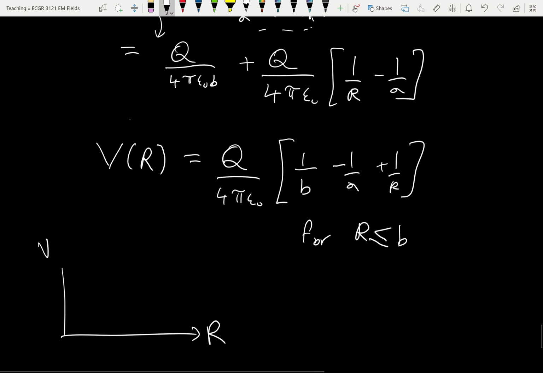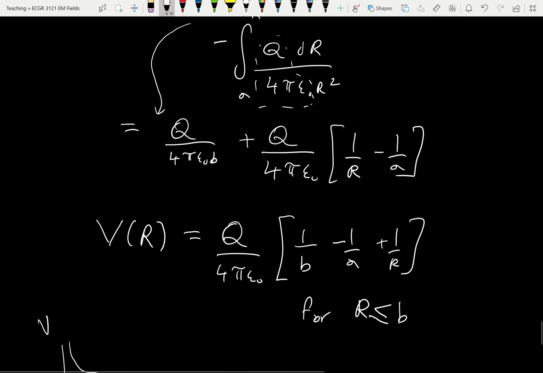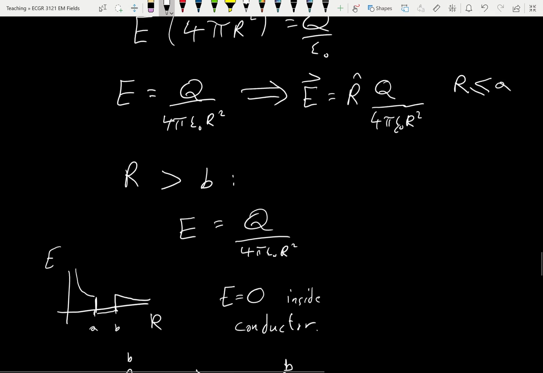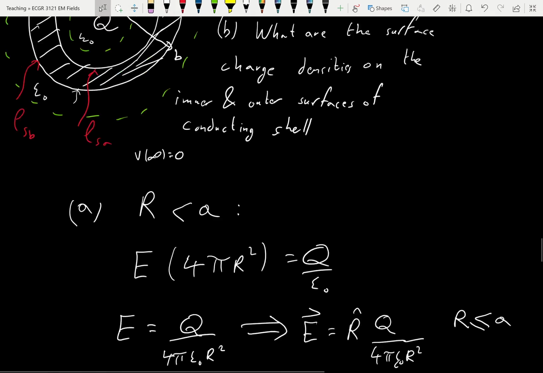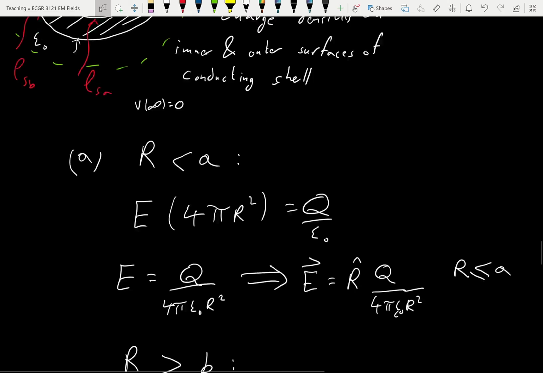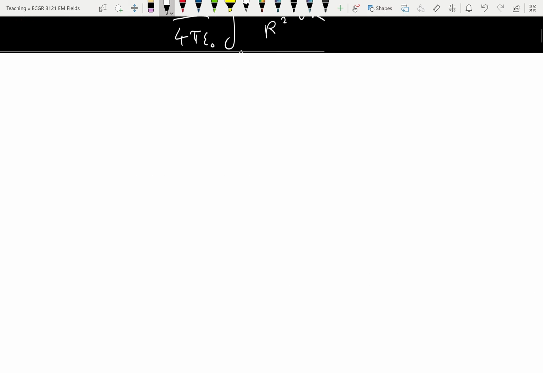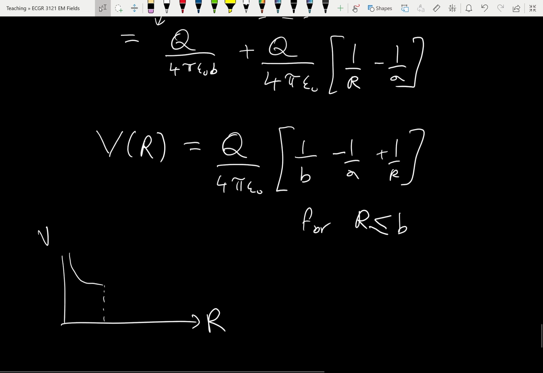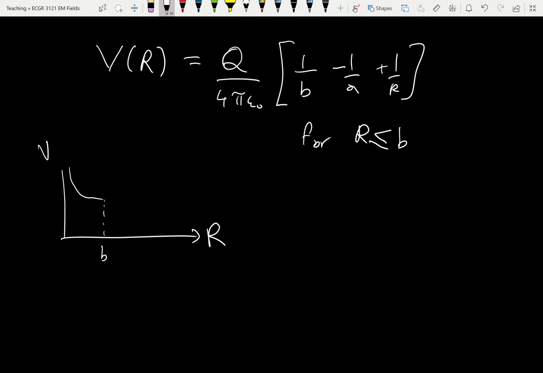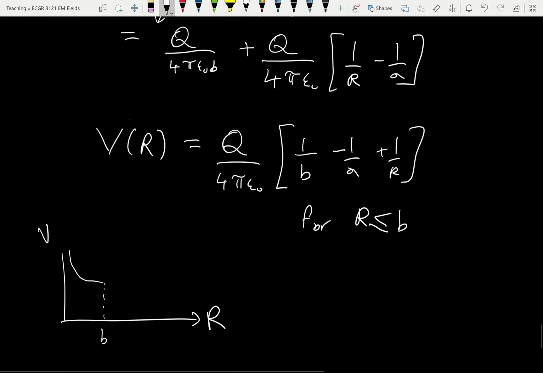So it looks something like this until we hit B or A. Okay, B is the larger value. So we hit B first. And then it remains constant inside the conductor shell. And then at A, it starts going down again.